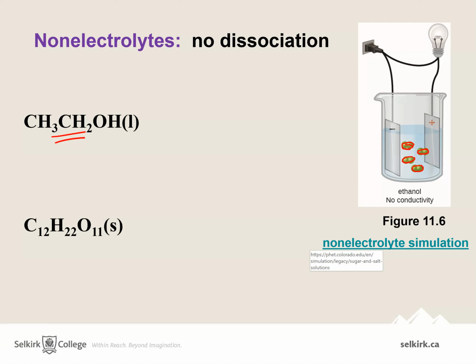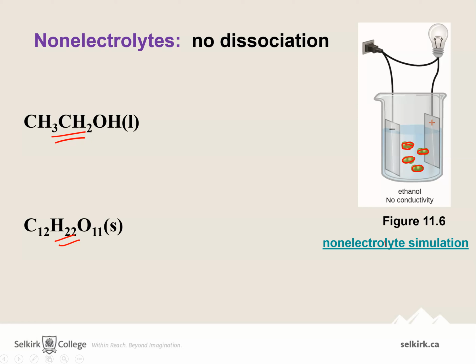Again, in the same animation that I pointed out to you before, you can add, instead of salt, sugar to the beaker, and you will see this same thing, that there's no conductivity for these non-electrolytes. The light bulb doesn't come on. Now, how do I know that they're not electrolytes?